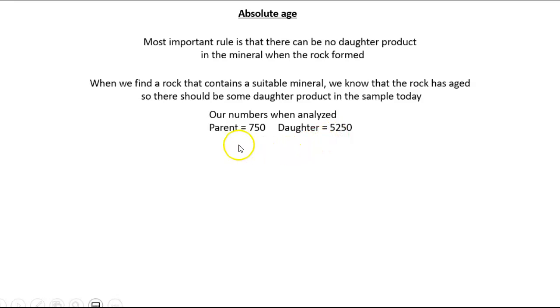They came from unstable parent atoms that existed when the rock was first formed. If that's true, then when I started out and the daughter amount was 0, this 5,250 plus the 750 that haven't decayed yet must have been the amount of unstable atoms I had at the beginning when the rock and mineral first crystallized.